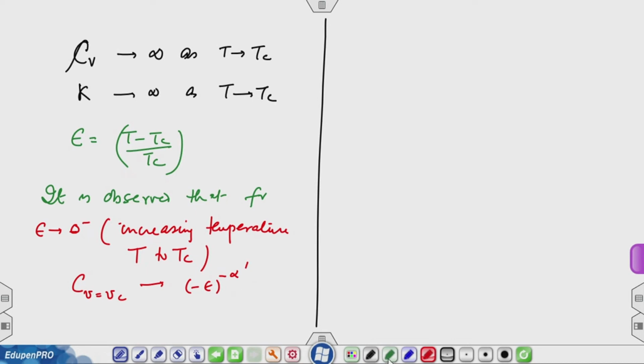And for epsilon tending to 0 plus, that means you are coming from above, it goes as epsilon raised to minus alpha.